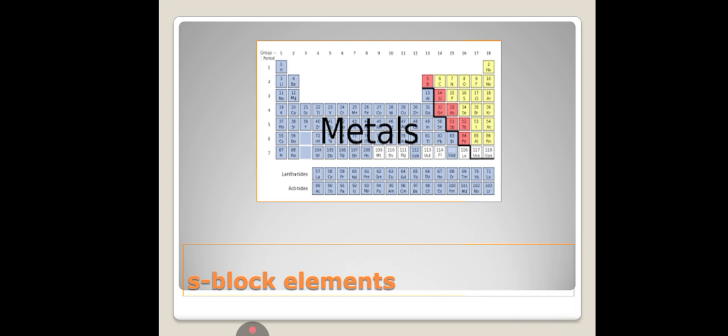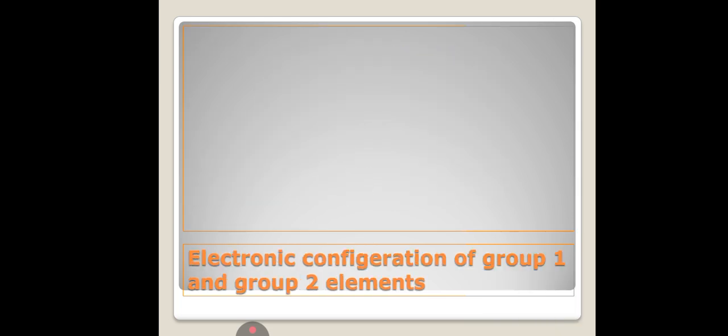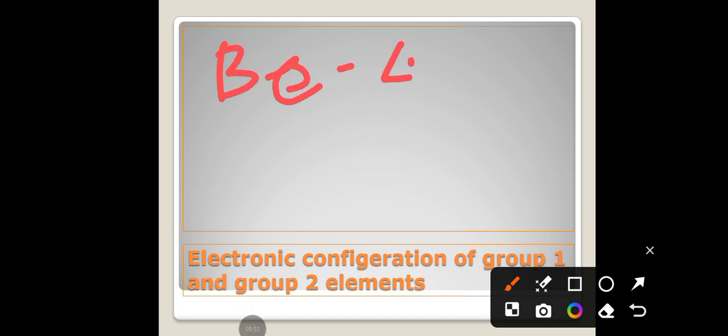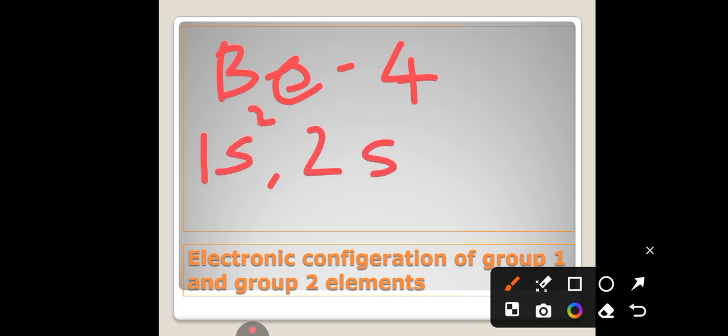Now similarly, let's take an example from the second group. I will take beryllium. Beryllium, we know, atomic number is 4. So if I distribute electrons, the electronic configuration is 1s2, 2s2.